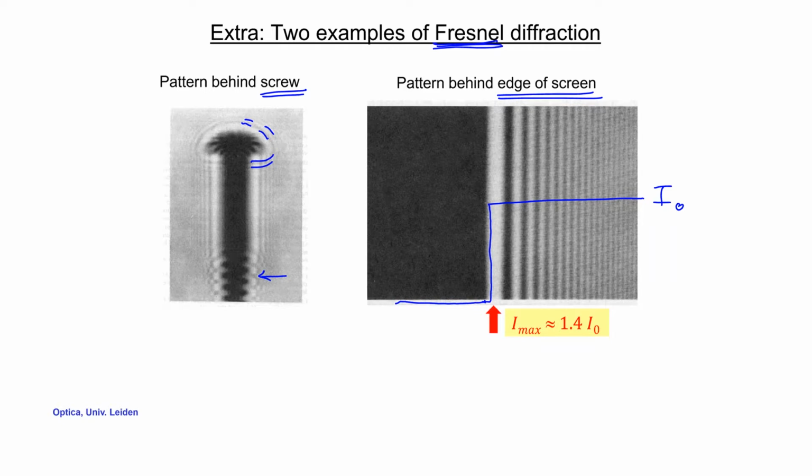What you actually observe is some fringes which basically look like this. So, strangely enough, by blocking part of the light with the screen, very close to the screen, you actually increase the intensity by putting a blocking object there.